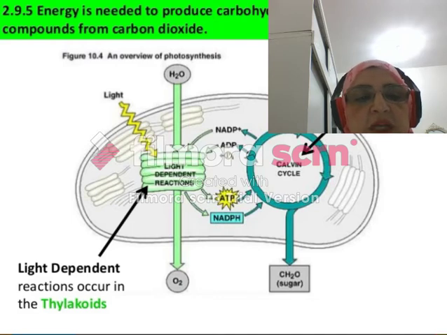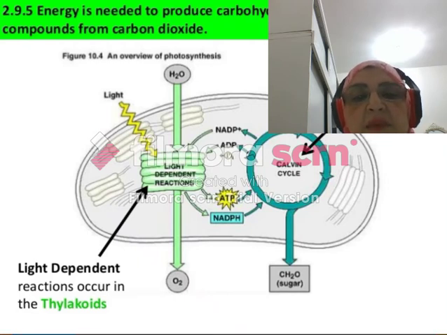Light falls on the thylakoid membranes of the chloroplast. Water undergoes photolysis into oxygen and hydrogen. Hydrogen is used to transform NADP into NADPH, while some of the energy is used to create ATP from ADP. All of those are considered as raw material that will be used in the light-independent reactions.